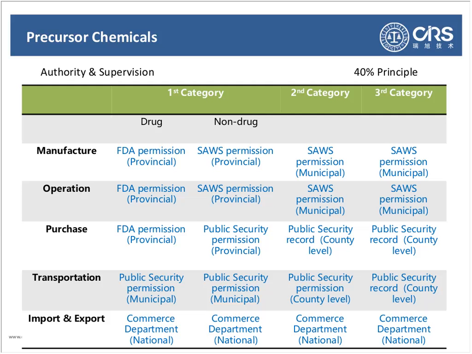Another regulation inventory is called explosive chemicals. It regulates some chemicals which are used as raw material to make explosives. It also has some requirements for the manufacturing, use, operation, storage, purchase, and transportation.